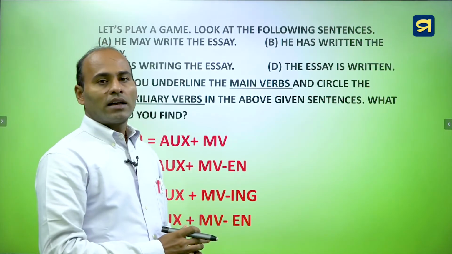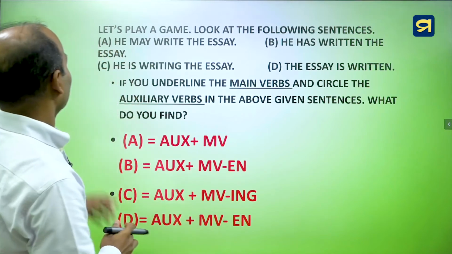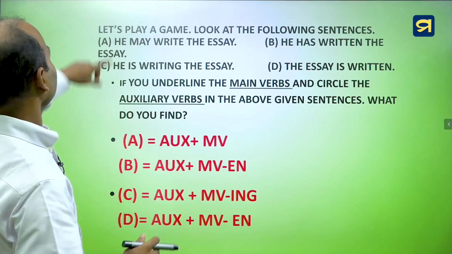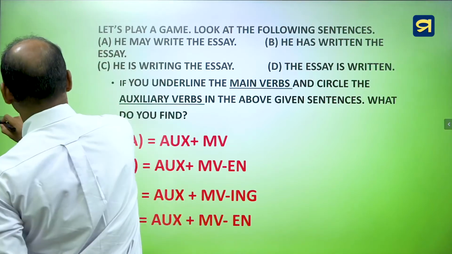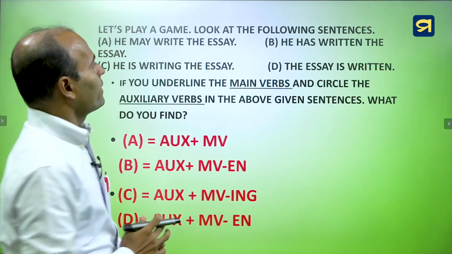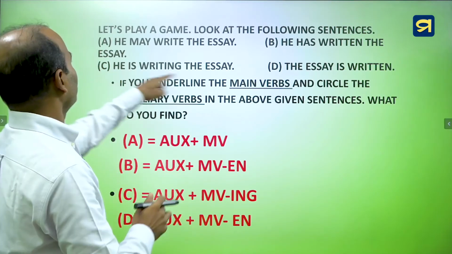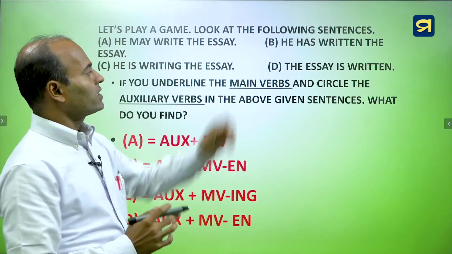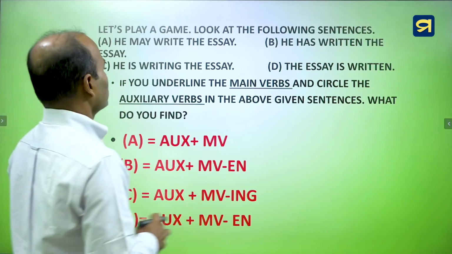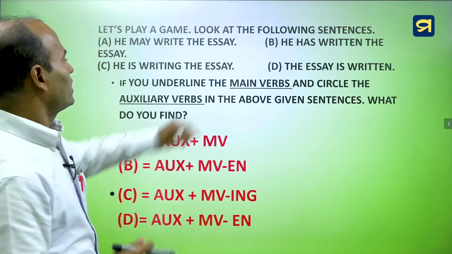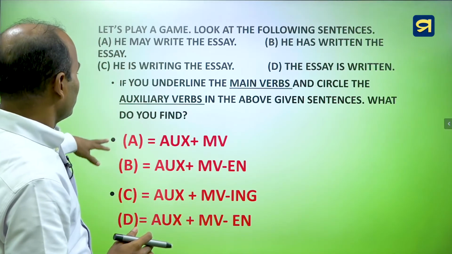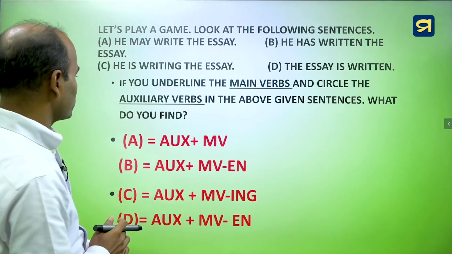Now let's play a game. Read the sentences given here. A: He may write the essay. B: He has written the essay. C: He is writing the essay. And the last one, D: The essay is written. If you underline the main verbs and circle the auxiliaries, you will get all these structures.